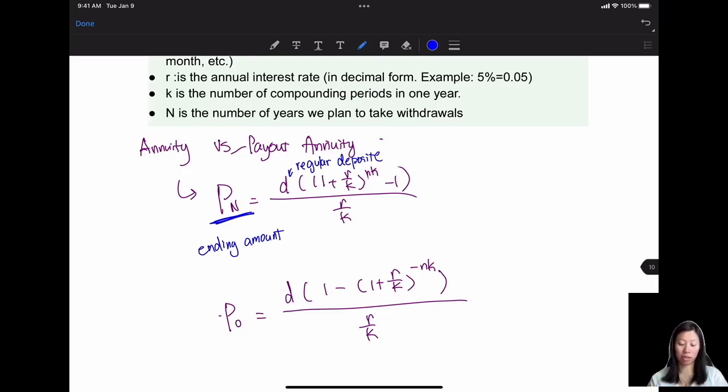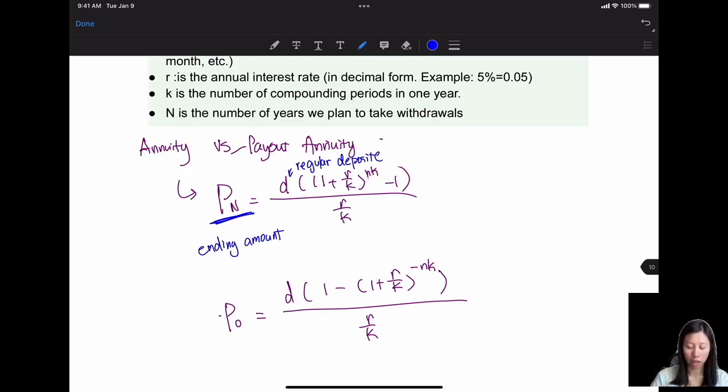But the rest are the same because you use the rate. K stands for the periods, the frequency that you do the regular deposit. If it's monthly, K is equal to 12. If you want to do it daily, K is equal to 365. If you want to do it quarterly, K is equal to 4. N is the number of years that you want to make.